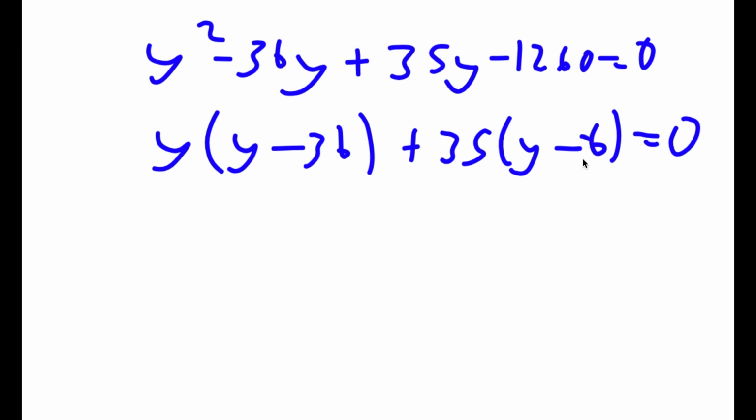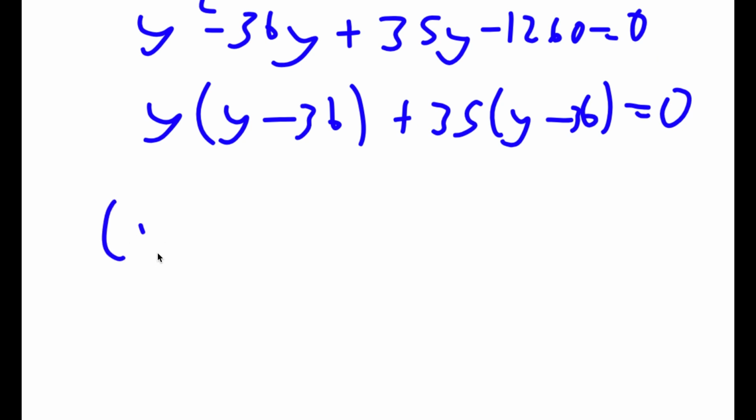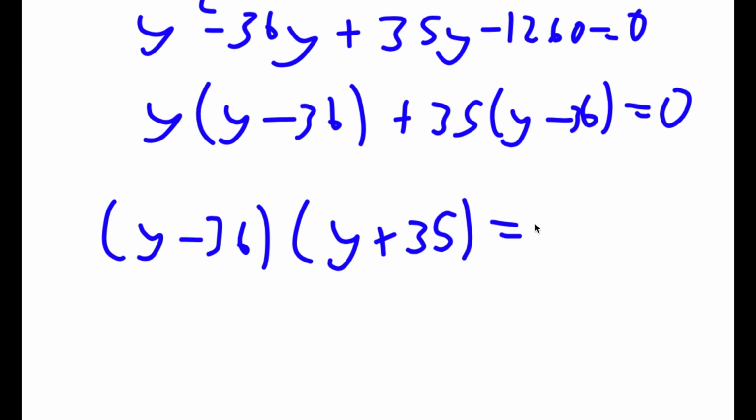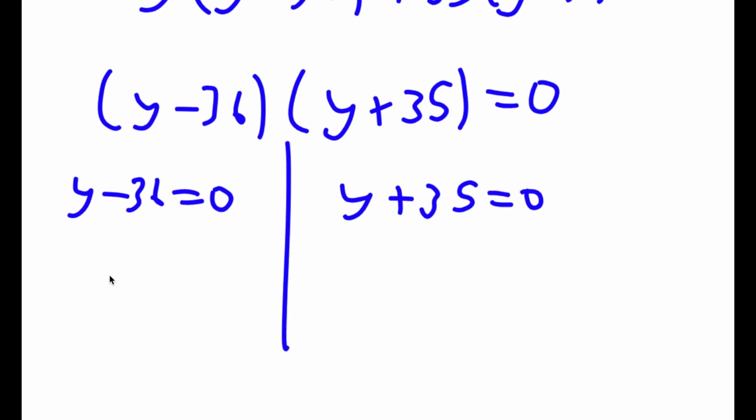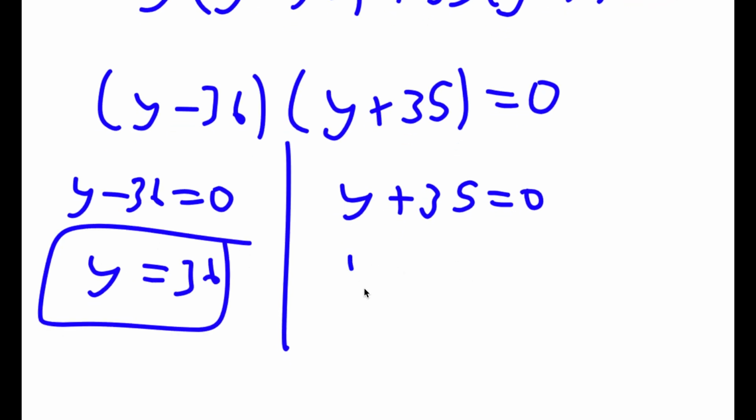Sorry, 36 times y minus 36. And now if I factor out y minus 36, I get y minus 36 times y plus 35 is equal to 0. So this means that y minus 36 is equal to 0 and y plus 35 is equal to 0, meaning y equals 36 and y is also equal to negative 35.